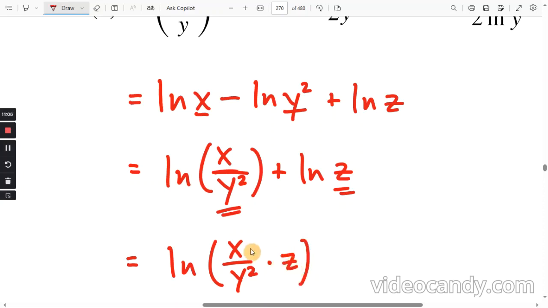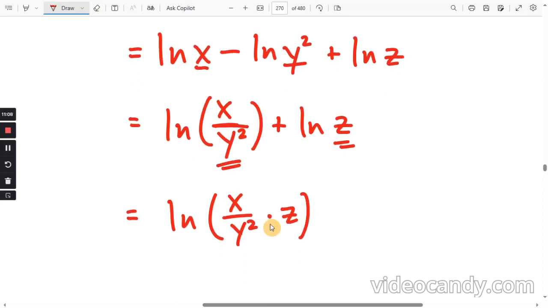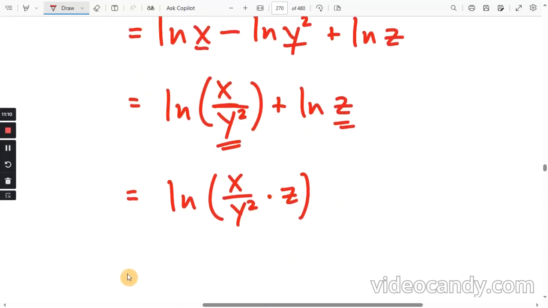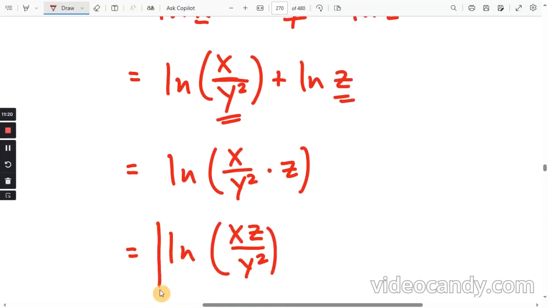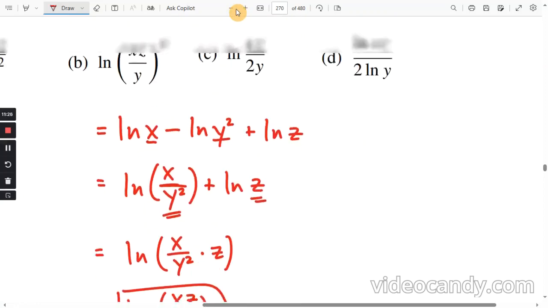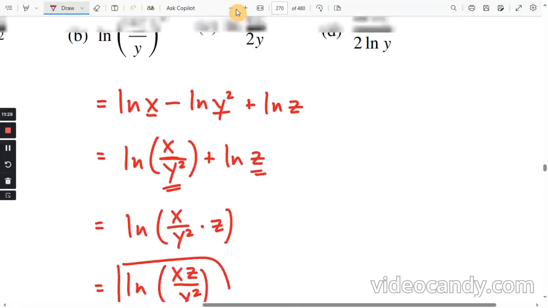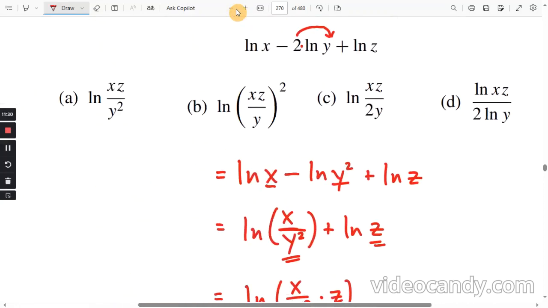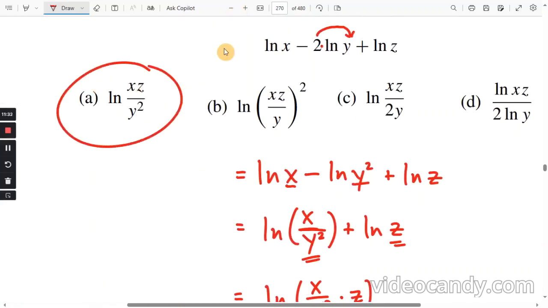That times z, the z is basically in the numerator. So it's really just ln of xz over y squared. You really don't need two steps at the end there, but I just did it to show you. So ln of xz over y squared is clearly answer A.